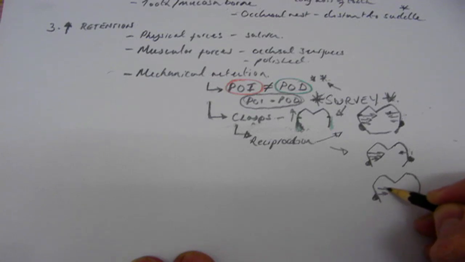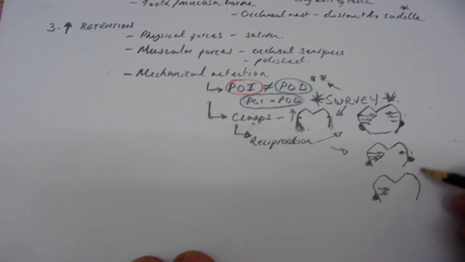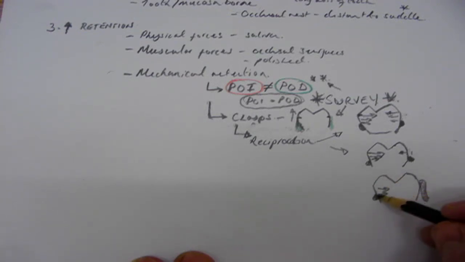This is going to exert force on the tooth sideways, and rather than putting a clasp arm on, we can put a plate down the side of the tooth like so and design that into the connector of the denture. And now as the RPD is displaced upwards, the clasp arm engages, pushes the tooth, and the plate remains in contact with the most bulbous part of the tooth here.